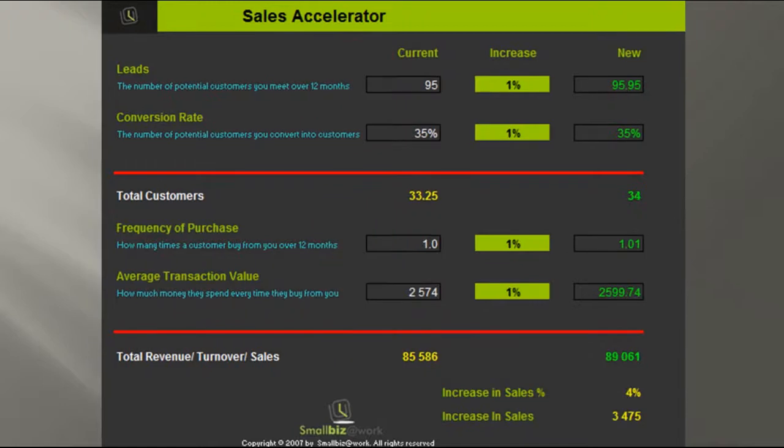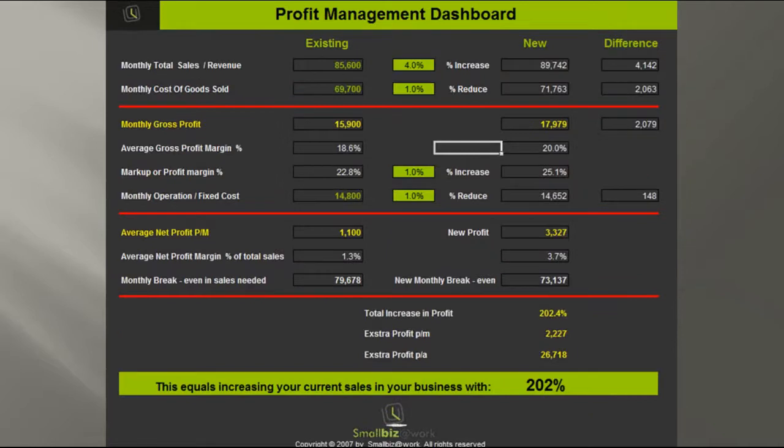If we only make a 1% small change in every one of these 4 steps, that will give us a 4% increase in sales. That's not so impressive, but let's look what happens to your profit. With a 4% increase in sales and a 1% improvement in your profitability from the previous steps, that gives you an increase of 202% in profit.